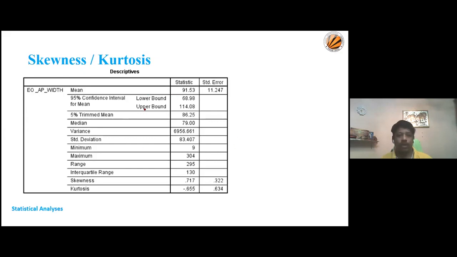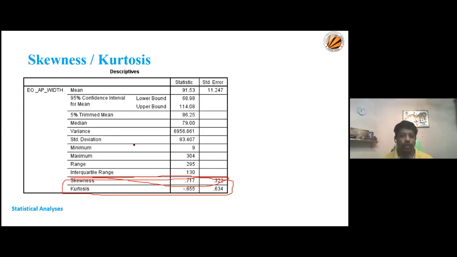This is what I got, the first table, the descriptive table, in which you get the skewness and kurtosis, right? Based on the skewness and kurtosis, we can identify whether your data is normally distributed or not.